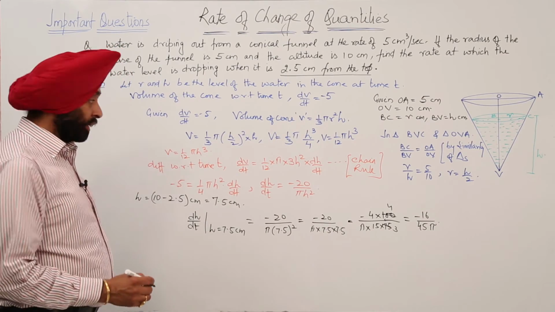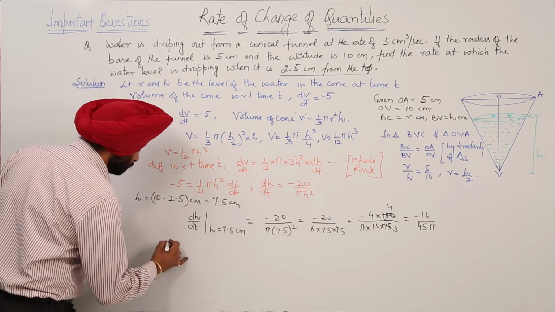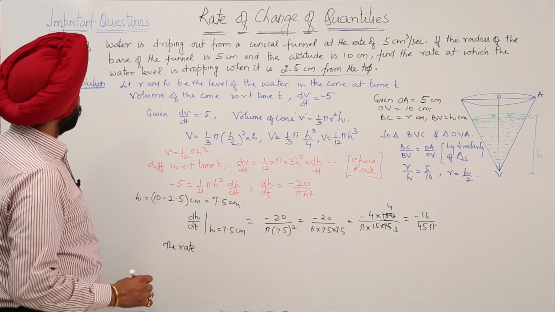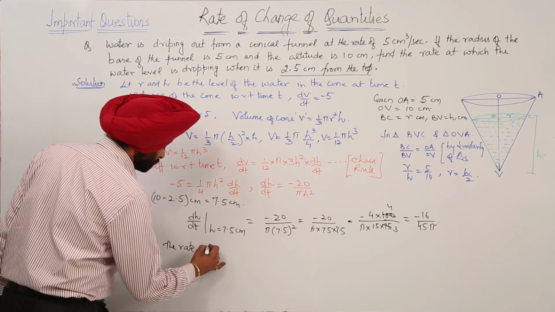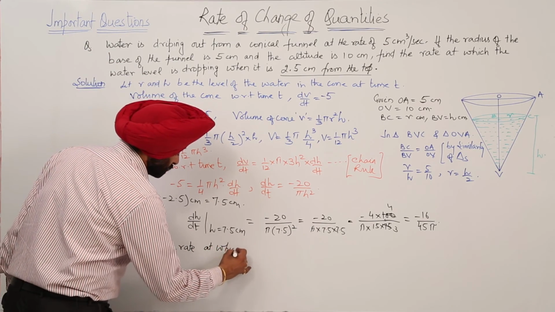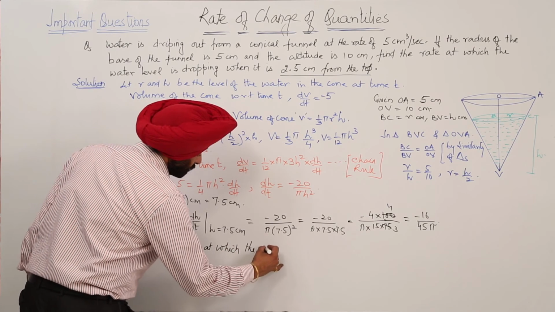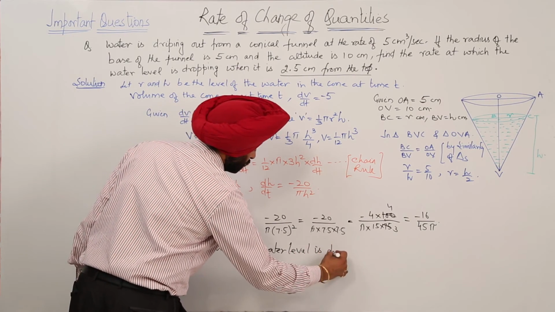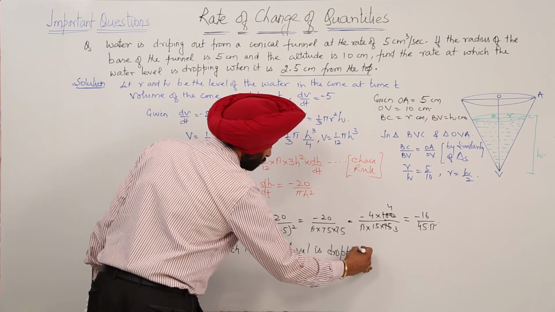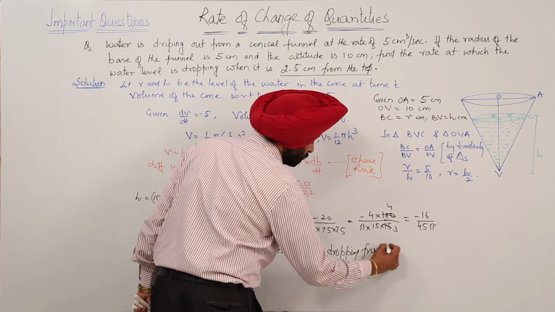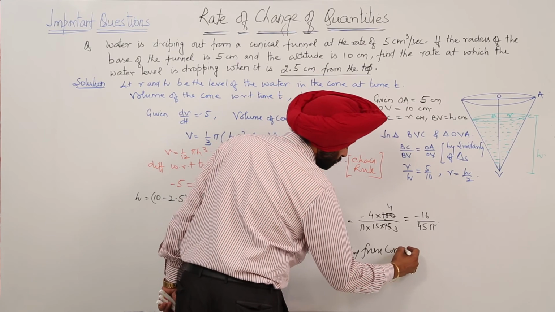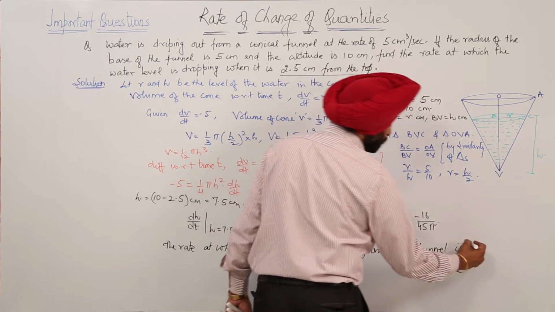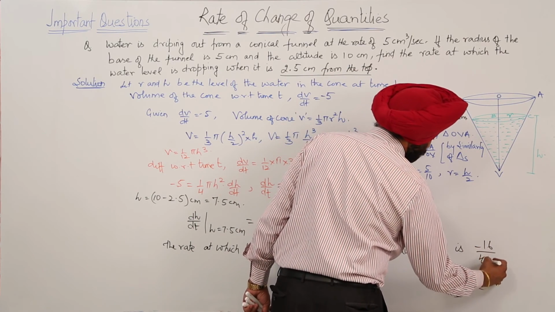Okay, so finally the rate at which the water level is dropping from the conical funnel is minus 16 upon 45 pi.